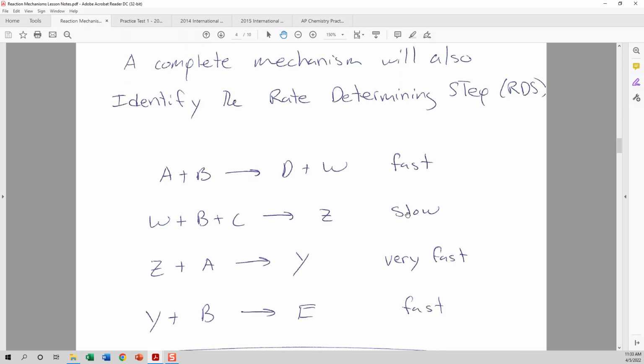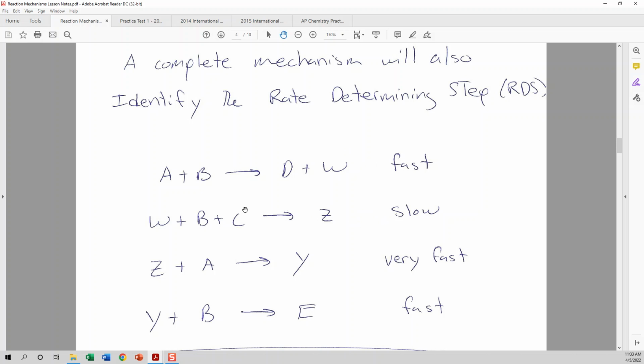And you look at the reactants only, not any of the products, and you count how many times a reactant particle is in a collision. So in the rate determining step, and then any steps before the rate determining step, the number of times it's involved in a collision is its order.